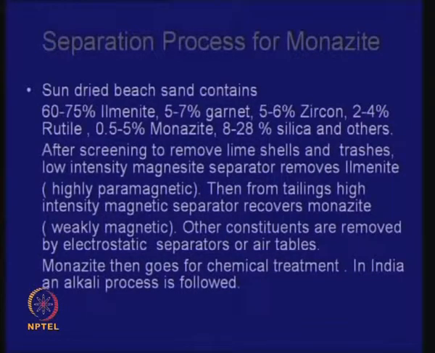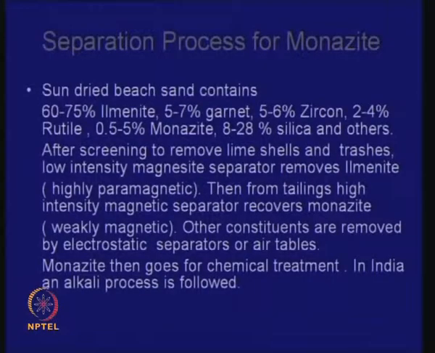Now, the monazite comes from separation techniques employed on beach sands. Again, there are beach sands of Kerala, there are beach sands in Madras, Chennai, there are beach sands in Orissa coast. These beach sands, when sun dried, have composition in this range.